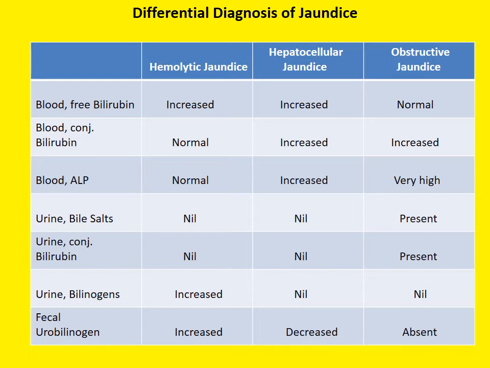Now, there are many types of jaundice, but commonly we deal mainly with three types: hemolytic jaundice, hepatocellular jaundice, and obstructive jaundice. Okay, so for inference purpose, you should know the features of different types of jaundice.